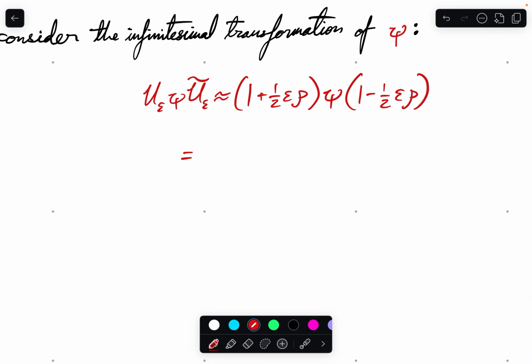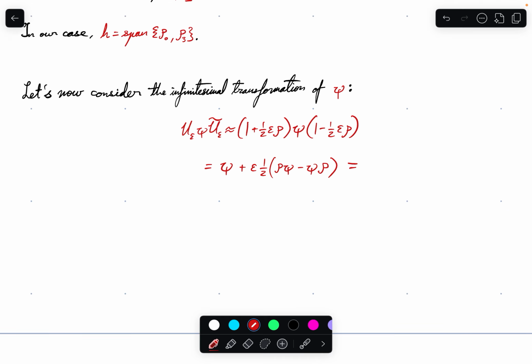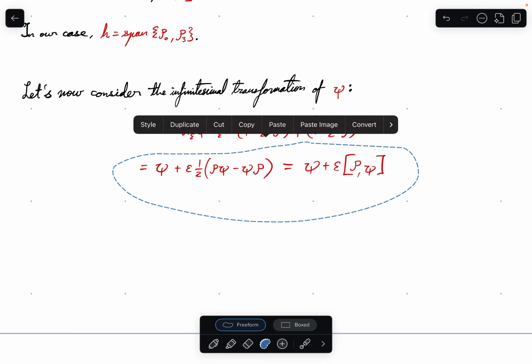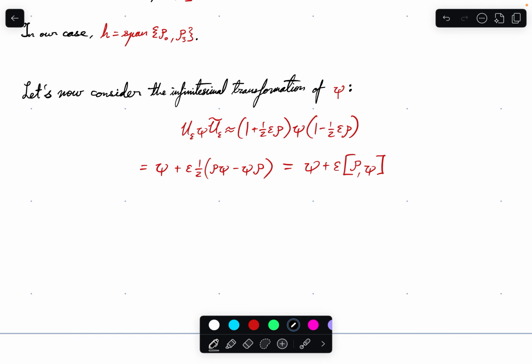And we're going to get a term of C, and then plus epsilon 1/2, and we'll get rho C minus C rho, which is just the same as C plus epsilon, then the commutator of rho with C. So you can see that when you consider the infinitesimal transformation, the only contributing term is this instantaneous transformation.